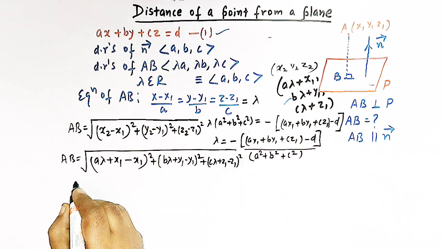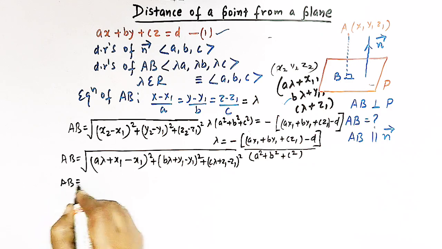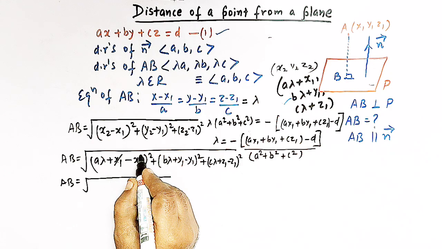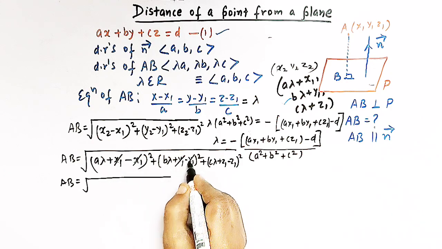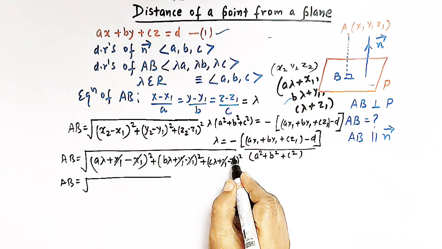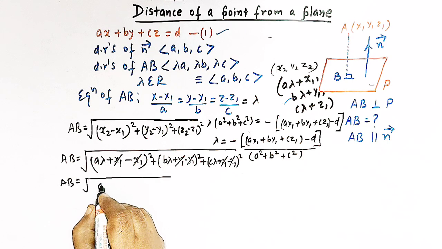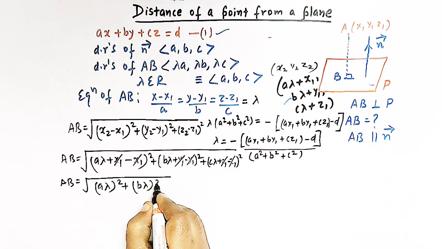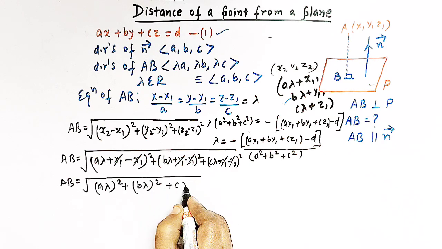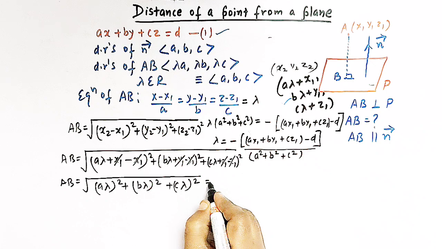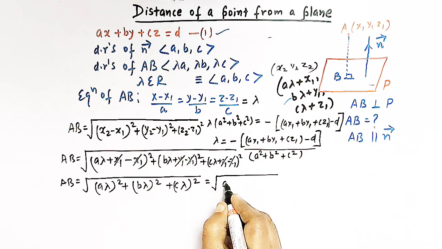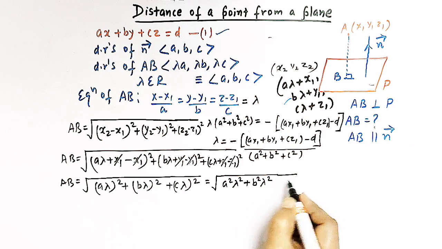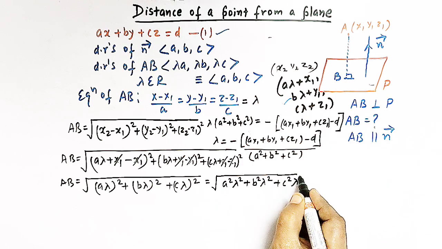So we can now write AB is equal to square root of, here x1 and x1 get cancelled, y1 and y1 get cancelled, z1 and z1 also get cancelled. So we have a lambda square, then b lambda square, and then c lambda square. So we can write square root of a square lambda square, b square lambda square, and c square lambda square.